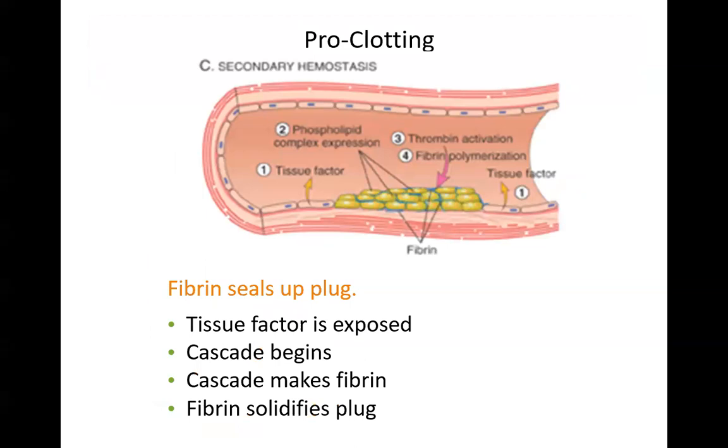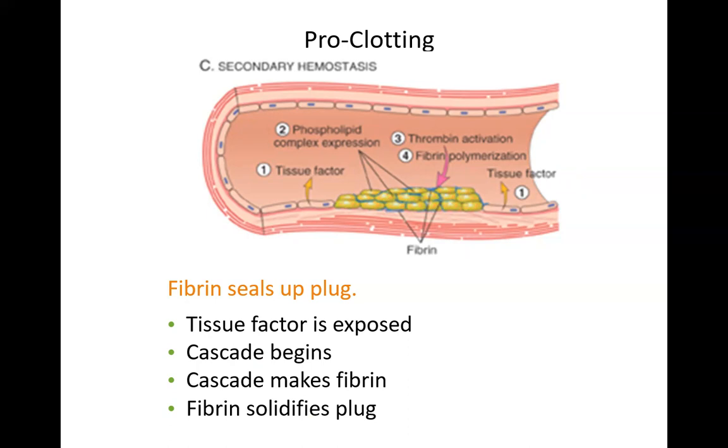The third part, after vasoconstriction and primary hemostasis, I like this class so I'm going slow, that's fine, is secondary hemostasis. What is secondary hemostasis? Formation of the fibrin plug, okay? The end point of secondary hemostasis is we want to stop the bleeding, right?